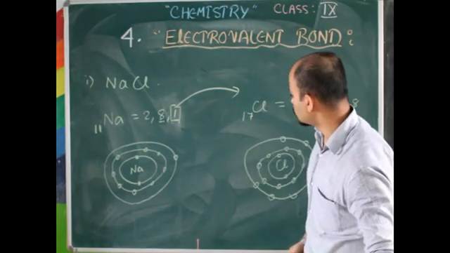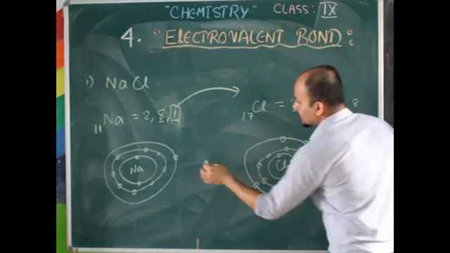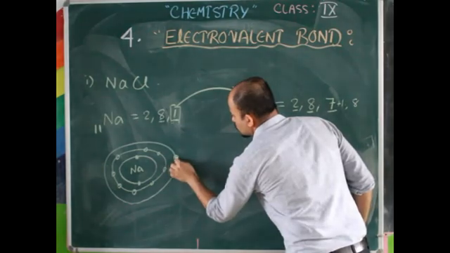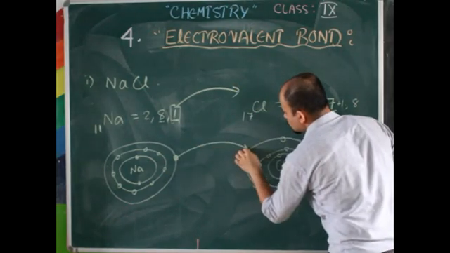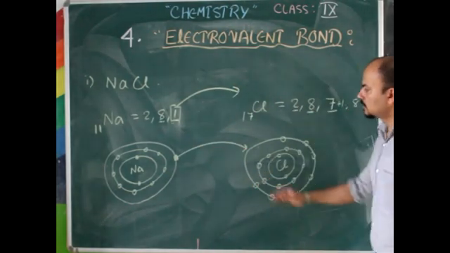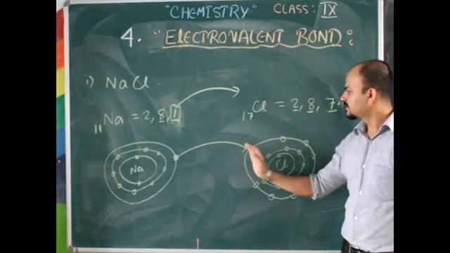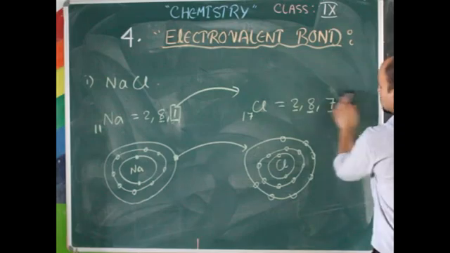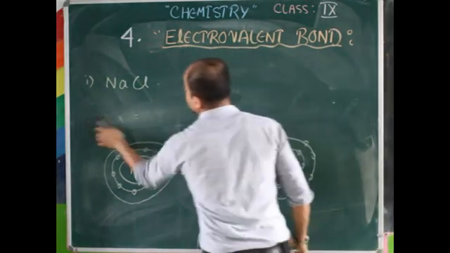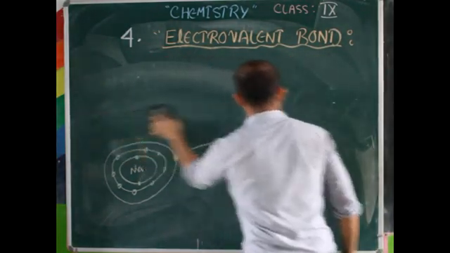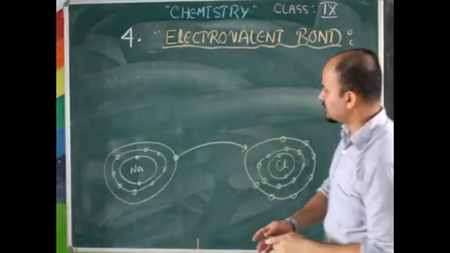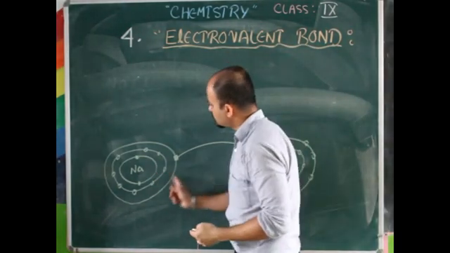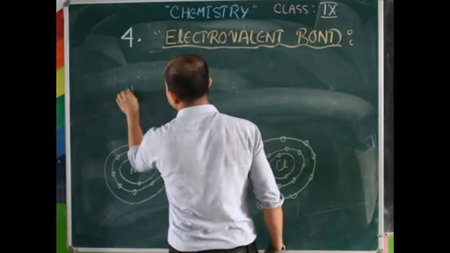So what will happen? This 1 electron from sodium gets transferred to the outermost cell of the chlorine. As this takes place, the outermost cell is removed from sodium.